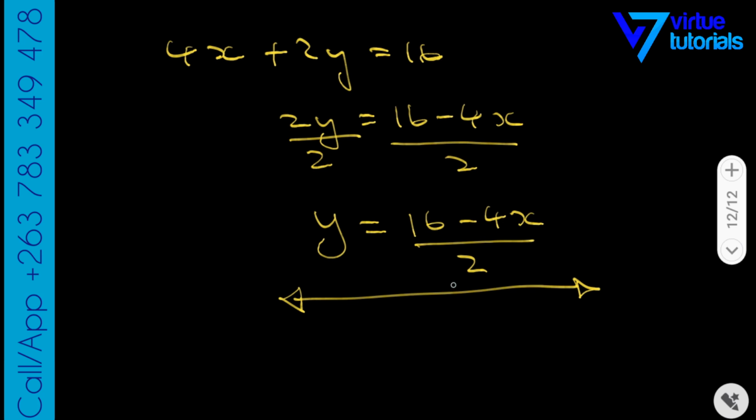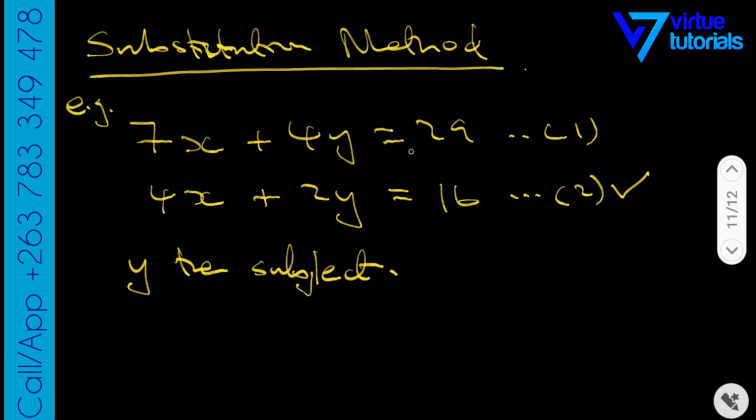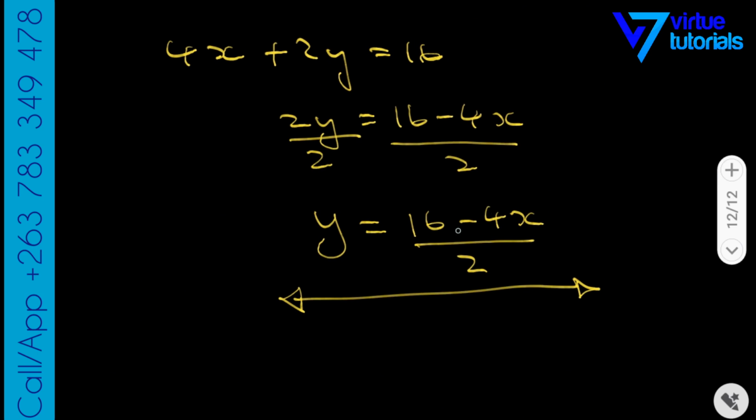So I was using equation 2. Now what I do is I go to the other equation, equation 1. Make sure you don't go back to the same equation. I substitute this whole thing where I had y. So where there was y in equation 1, I take this whole thing and substitute it, right?